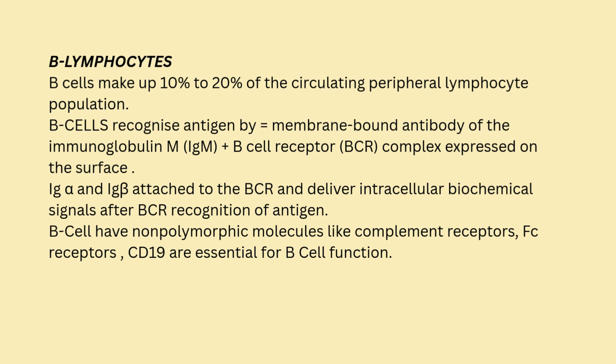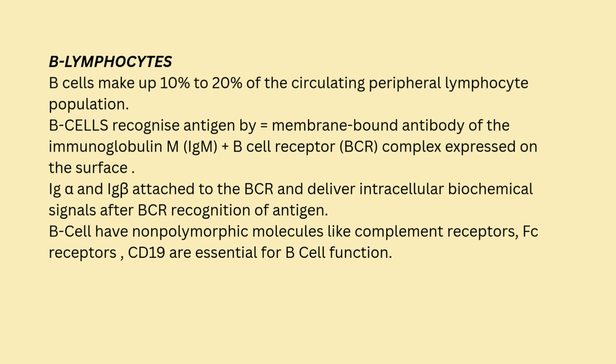Understood? Talking about B lymphocytes, they comprise 10 to 20% of the circulating peripheral lymphocyte population. They recognize antigen by the membrane bound antibody of the immunoglobulin M plus B cell receptor complex expressed on their surface.